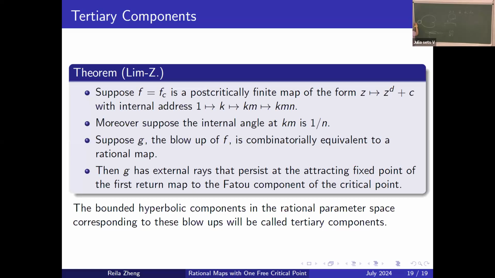So this angle is like 1/2, this one is like 1/3, but the one that's like 2/3 doesn't exist, for instance.